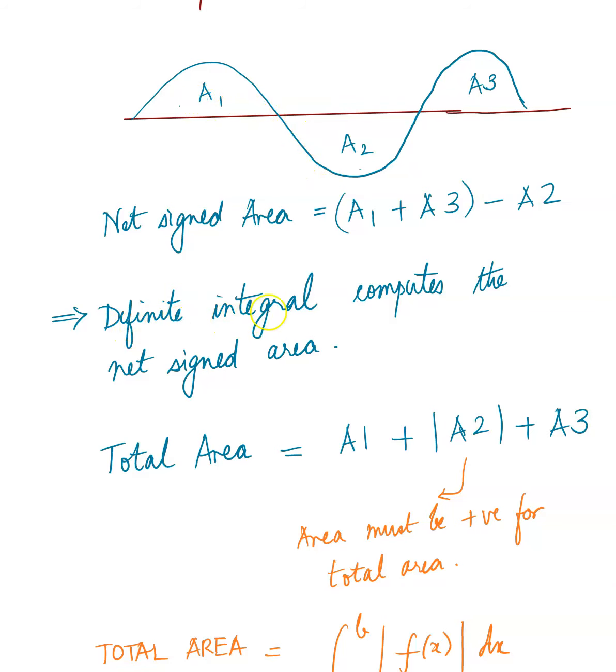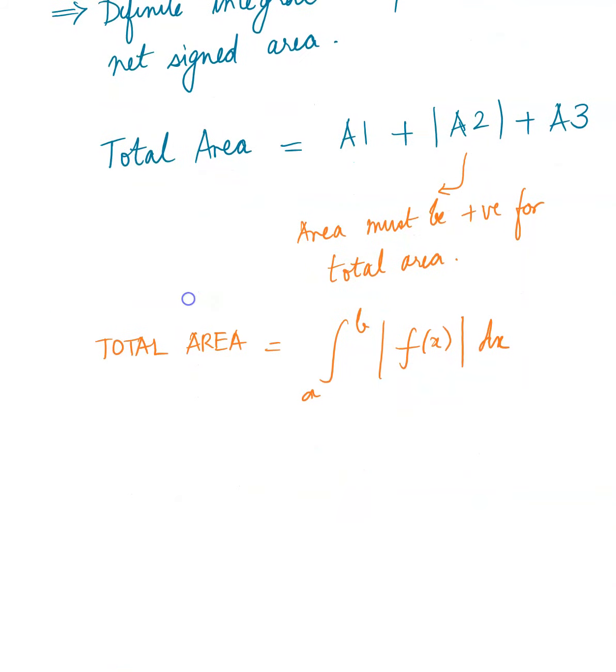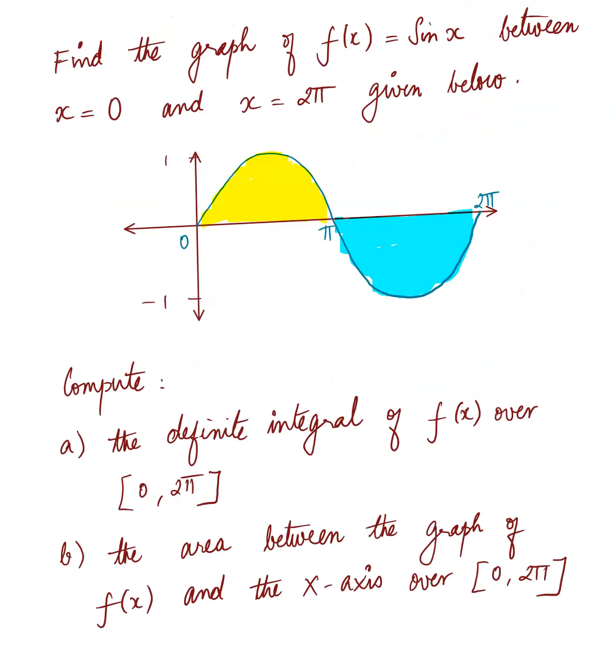We found the definite integral, and because it computes the net signed area, the area above and the area below kind of cancelled each other because of that minus for the negative area, and that gave us a net signed area of 0. And so if we want to overcome that and find the total area, then the definite integral must have the absolute value in it to convert all the negative areas into positive areas.